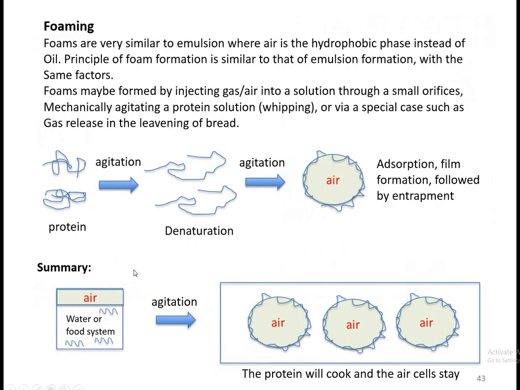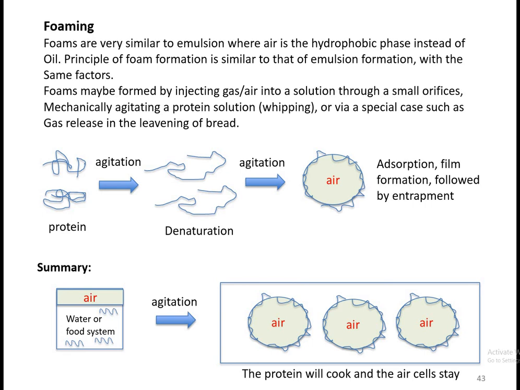So foaming is similar to emulsion, like mentioned just now. If the oil is regarded as the hydrophobic phase, now the air is the hydrophobic phase. The principles and factors are the same as for emulsion. You can form foam by injecting gas or air, or by simple mechanical agitation, or whipping.